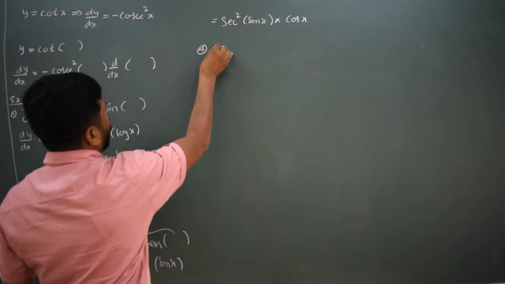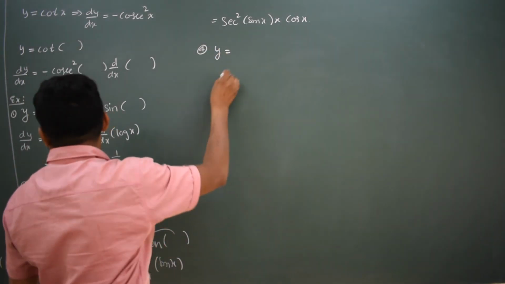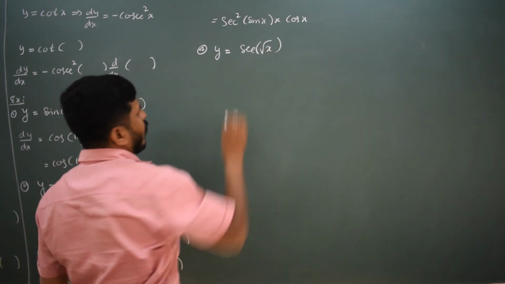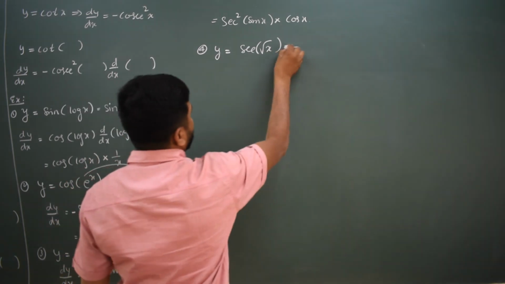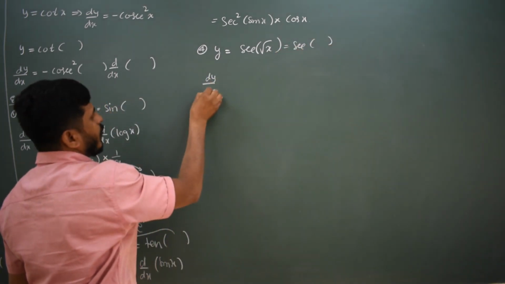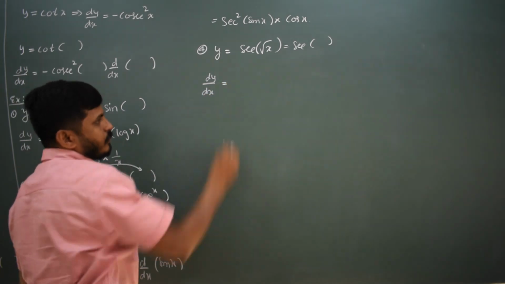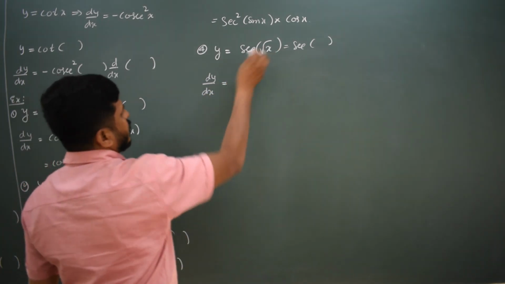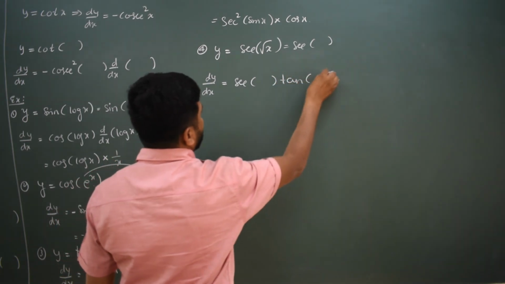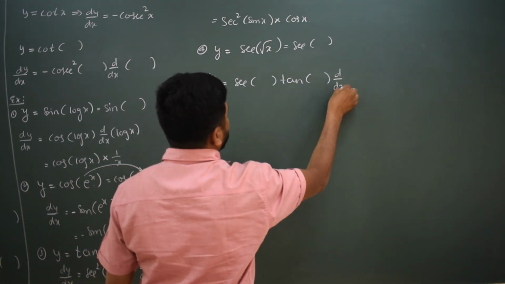Similarly, y is equal to say secant root x. How to read this one? That's equal to secant of something. Now dy by dx is equal to the secant differentiation: secant something into tan something into d by dx of something.